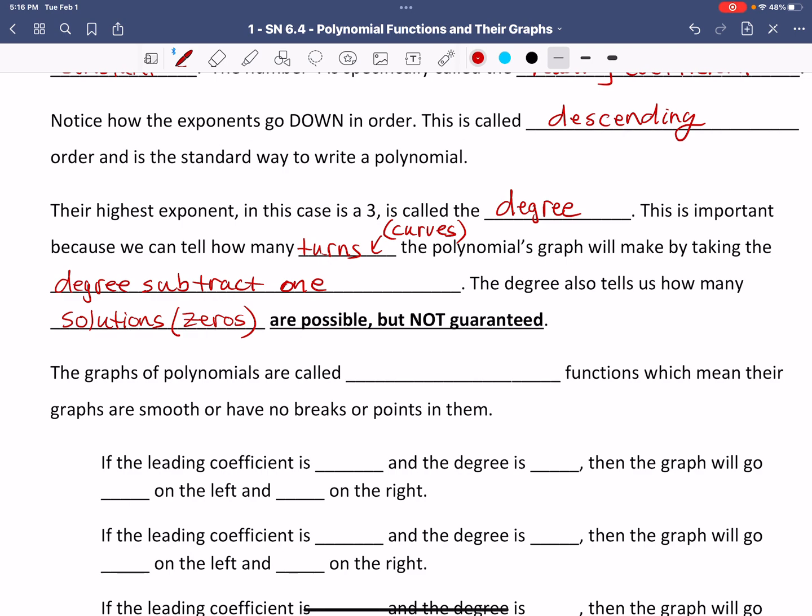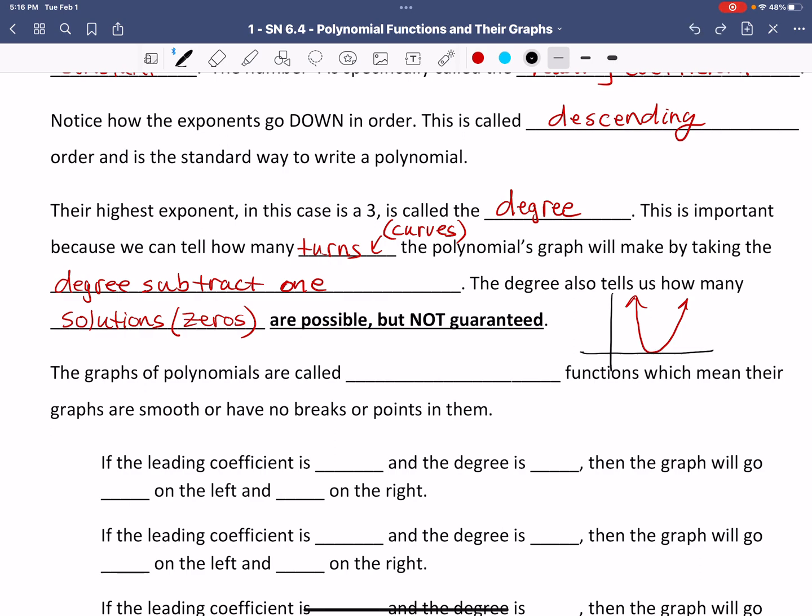Remember, for this same quadratic graph, if this was the x-axis, it would have 2 solutions, that one and that one. Now, if the x-axis was right there, it only has one solution.